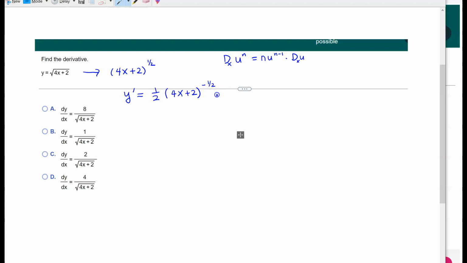And then times, don't forget, the derivative of u with respect to x. So times 4. Now, if you look at the choices, that means you need to simplify this.